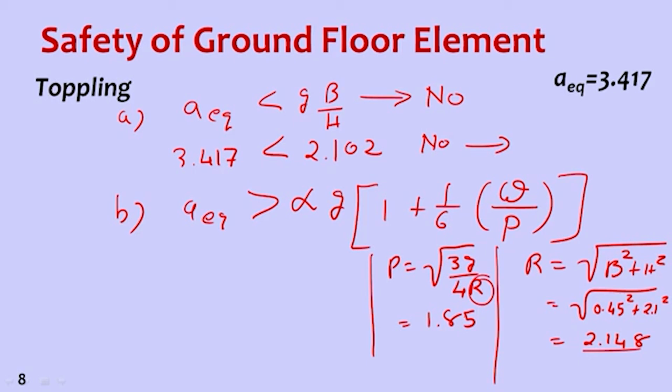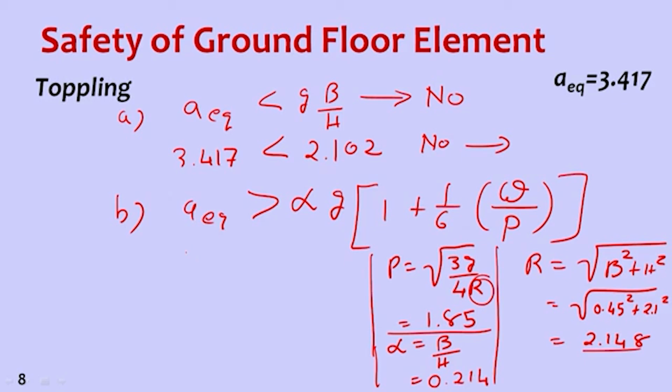Now let us put all the values. Before that we need to calculate alpha also. Alpha is nothing but B upon H, which gives us the ratio of B as 0.45 and H as 2.1, so we will get 0.214.